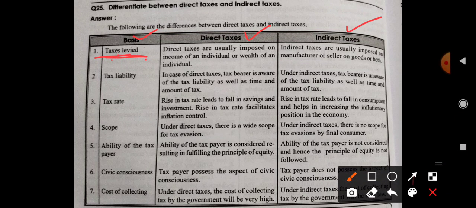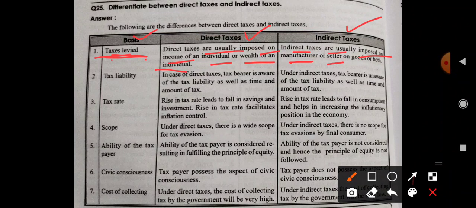First one is taxes levied. Direct taxes are levied on the income or wealth of the person. So direct taxes are usually imposed on the income or wealth of an individual. Indirect taxes are usually imposed on manufacture or sale.